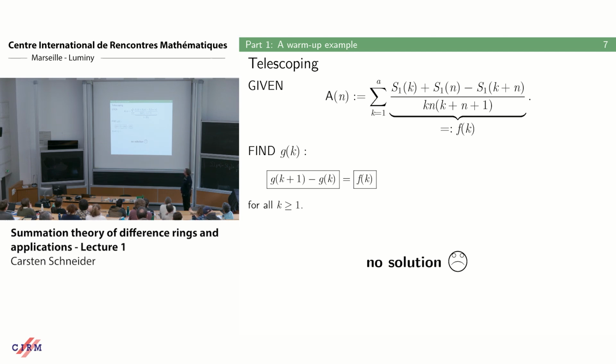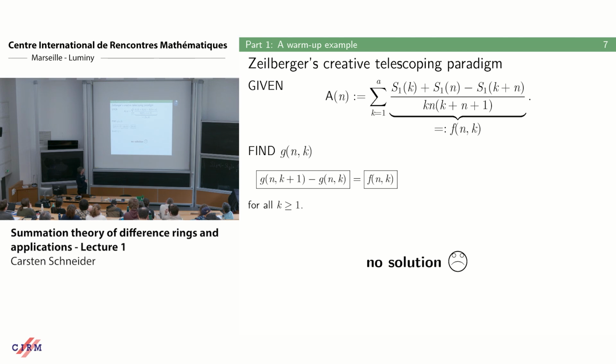Here I will use the fact that the sum depends also on the discrete parameter n, which I haven't used. So let's say the f depends also on n, and the g that I'm looking for also depends on n. So use this information if possible.